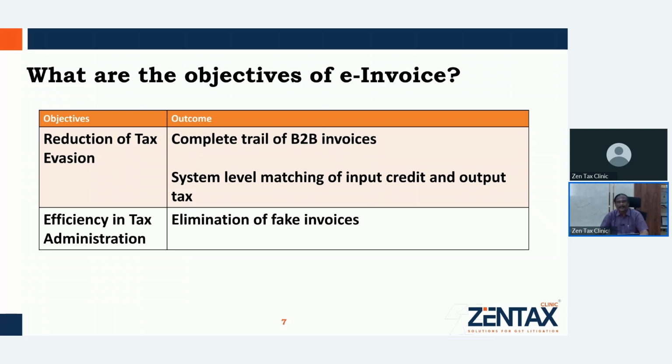People are giving invoices without actually supplying goods or services; these are called fake invoices. By giving these invoices, the other person will be able to enjoy the credit. Through this e-invoice project, the fake invoice will get out of the GST system. So these are all the objectives the government wants from this e-invoice project.